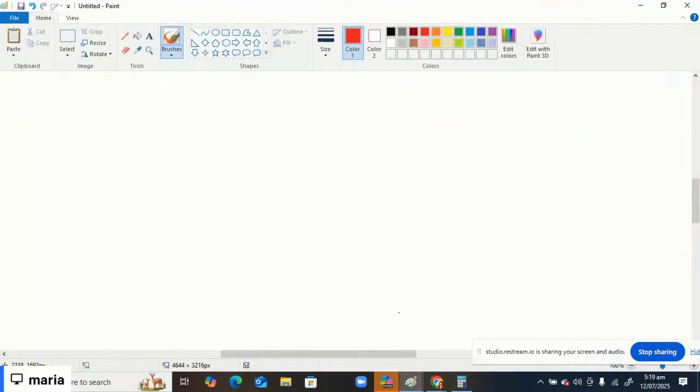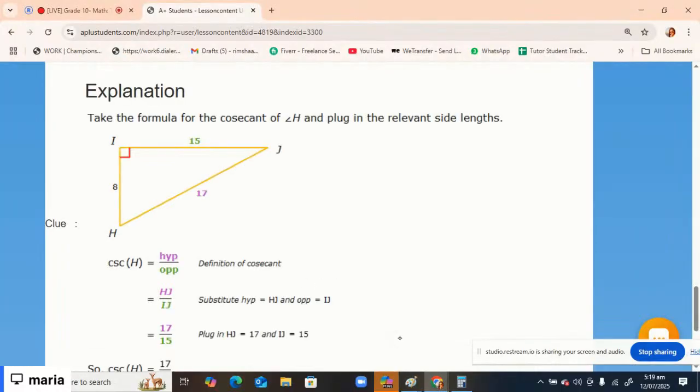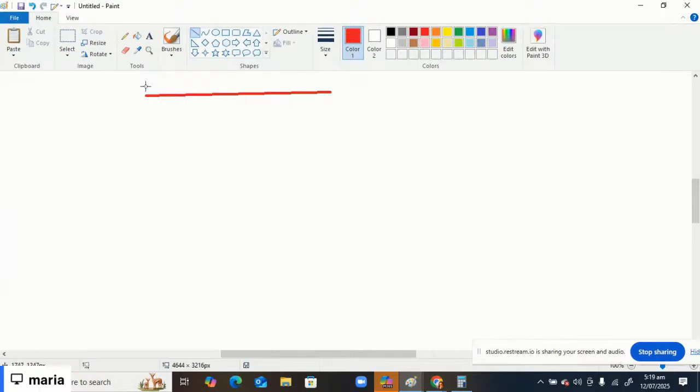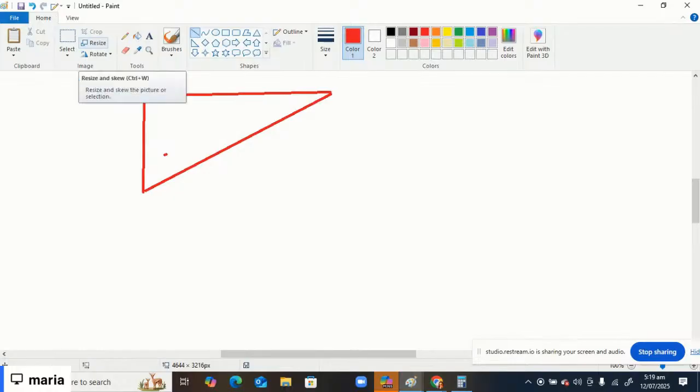Now the shape is different. Let's take this shape. So here is this one.